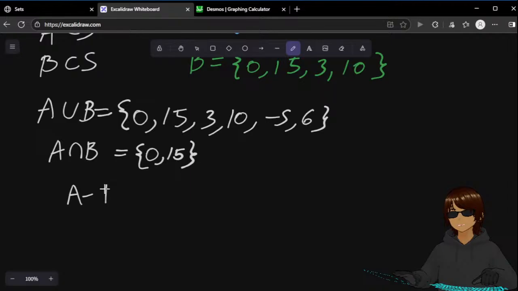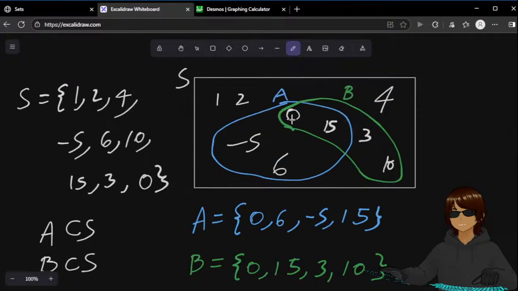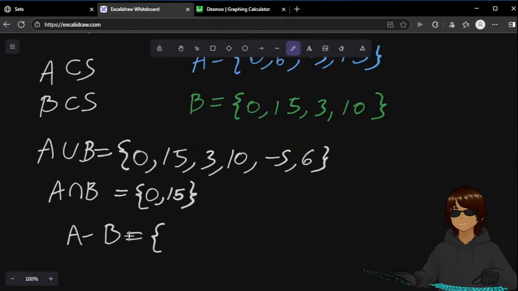It's A minus B. But they're using the slash, which gives elements of A that are not in B, so minus 5 and 6.